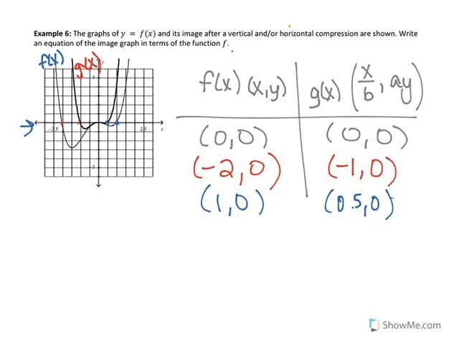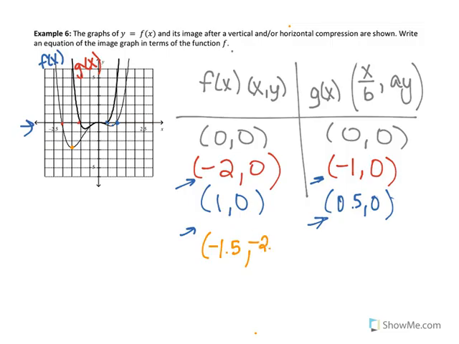Okay, so right now we could probably figure out what our x stretch is, because we could go from this to this and this to this. It's pretty basic. But we can't actually figure out our y values because all of them are zeros. So we need to pick a point that is not 0. So I'm going to go to this little bottom part right here. This bottom point looks like it's at -1.5 and almost -3.